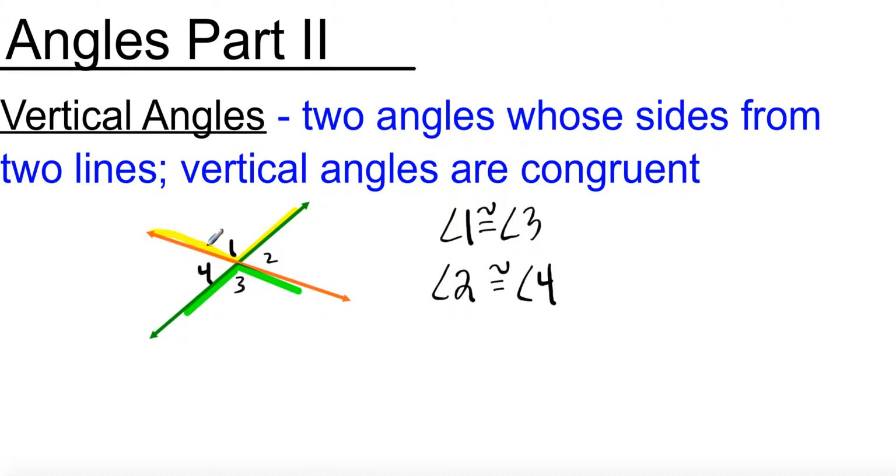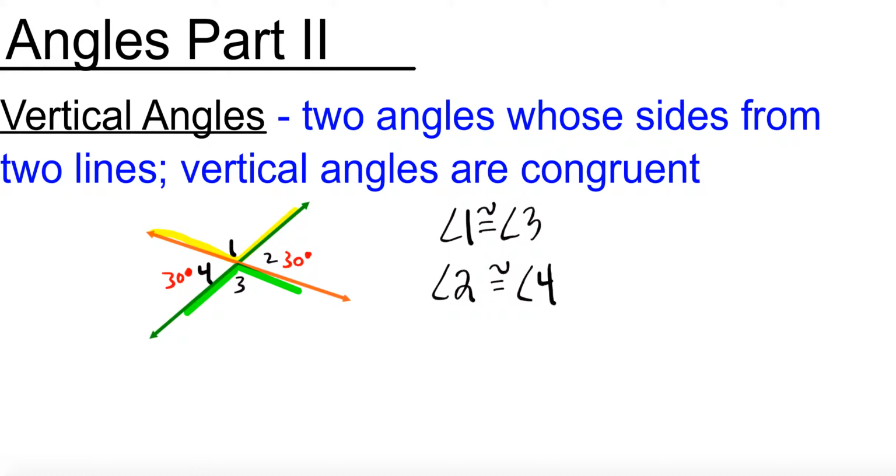Now it's important for me to mention to you, we also have other relationships here. Because that orange is a line, it's also a straight angle. So for example, what if I were to say that angle 2 measures 30 degrees? Well, from that one angle, you could find the measure of angle 1, angle 3, and angle 4. Now, obviously, because 2 and 4 are congruent, we know that angle 4 would also be 30 degrees.